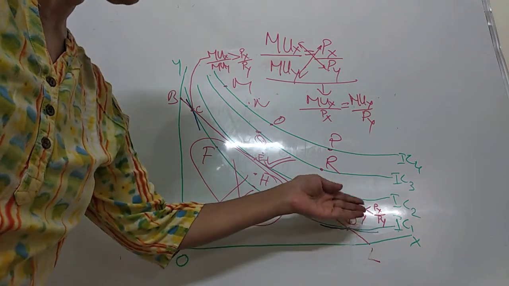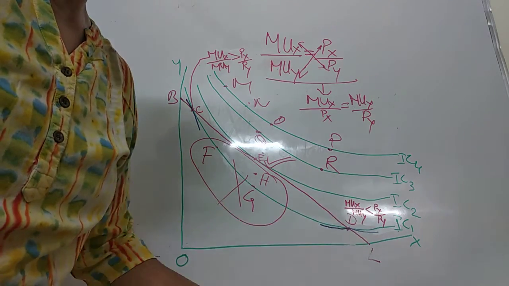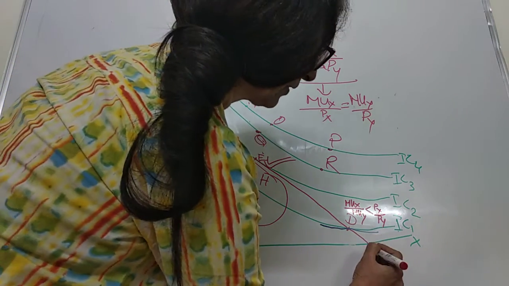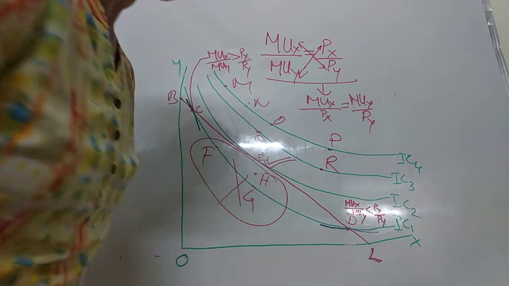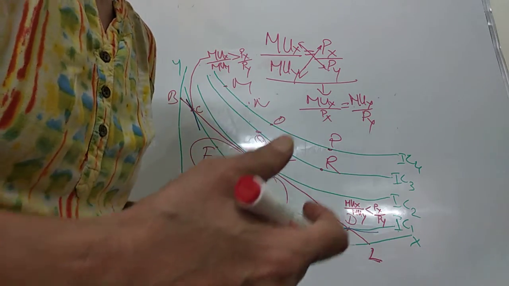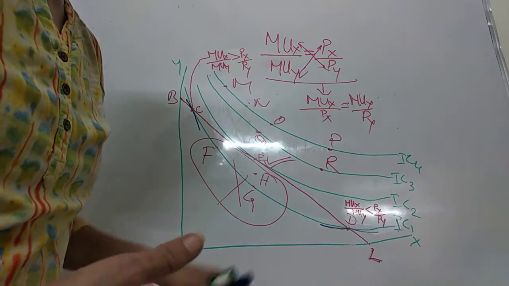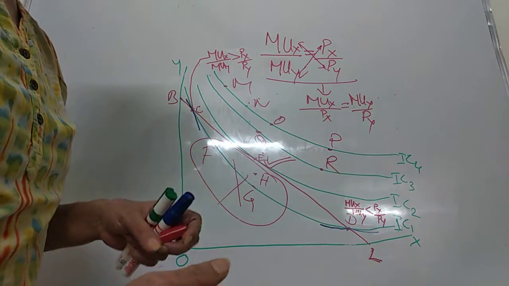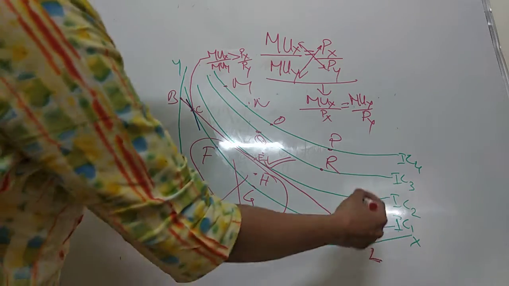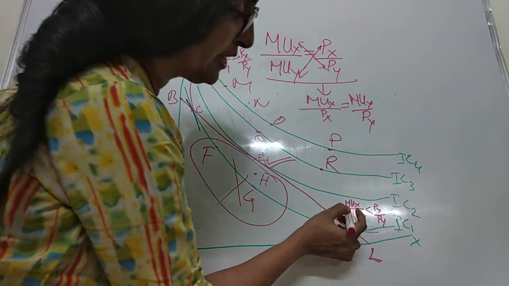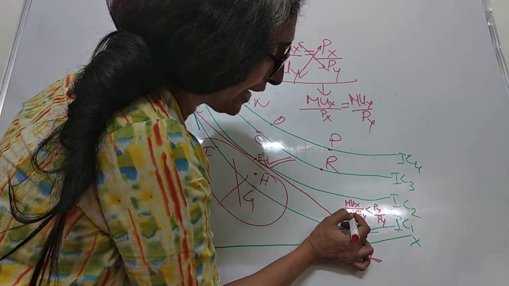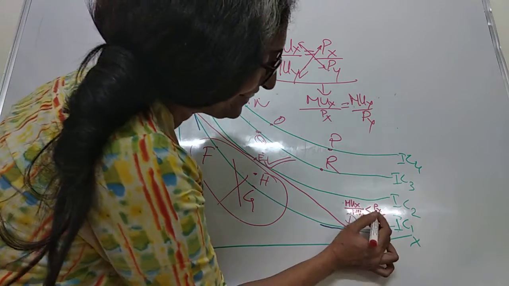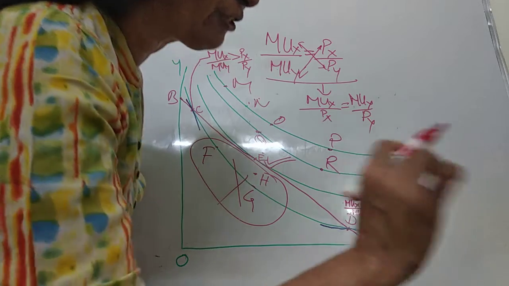Or otherwise, if you talk about Y, from Y his satisfaction is more than what he is paying for Y, right? So the opposite would work. Now, to go back to equilibrium, what does he have to do? He has to reduce MUY and he has to increase MUX. Only then this sign can convert into equal.